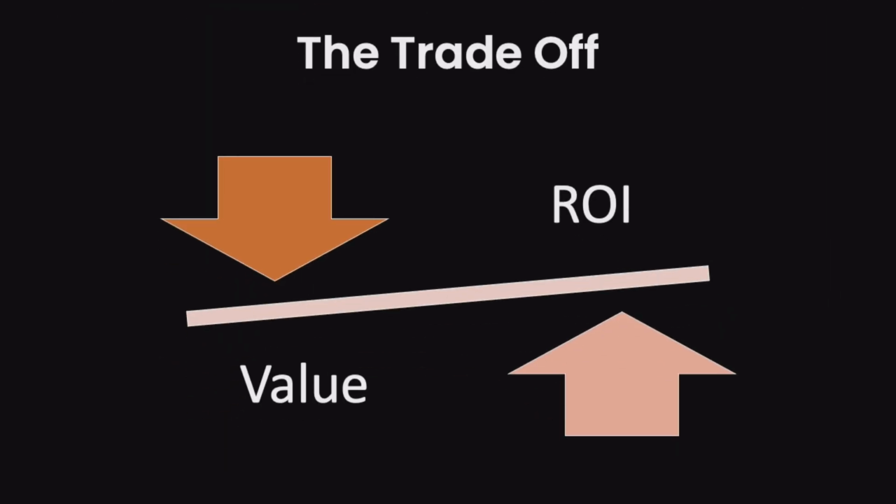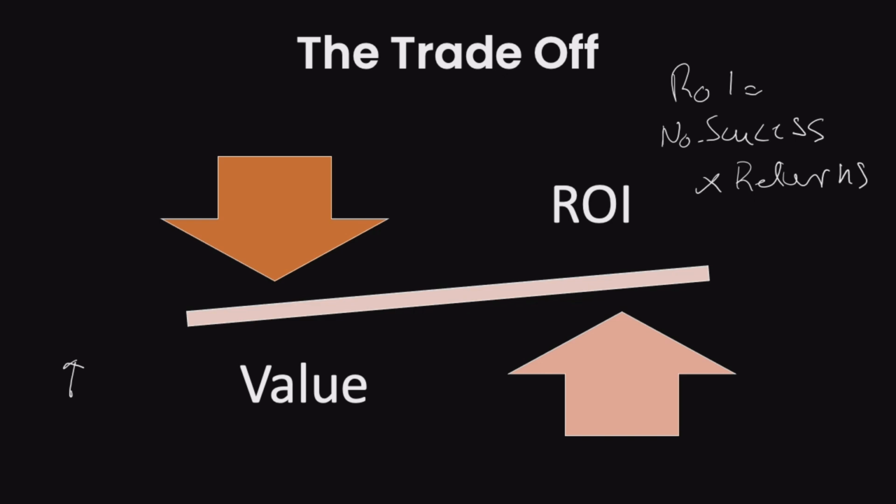And then the final trade-off is between the rate of return on investment, the ROI, and the value of the individual trades. So now this is slightly complicated in terms of understanding. ROI, as we know, is a combination of the number of successful trades multiplied by individual returns on those trades. So as the value of your individual trades increases, the probability of success decreases, as we saw in the previous trade-off.